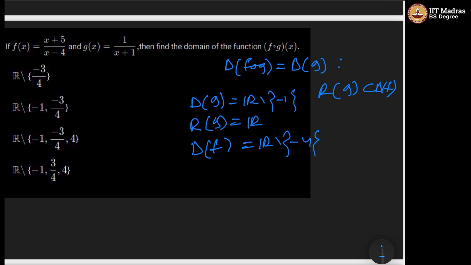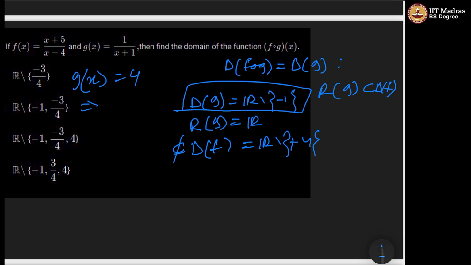So you can see that range of g is not a subset of domain of f, so we have to extract the point, sorry, it is plus 4, so we have to extract the point plus 4 from range of g so that we can make the restricted domain of g as the domain of f compose g. So let's set g of x equal to 4, then 1 by x plus 1 equals 4.